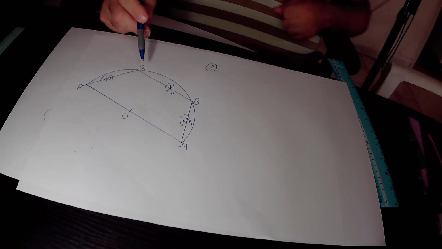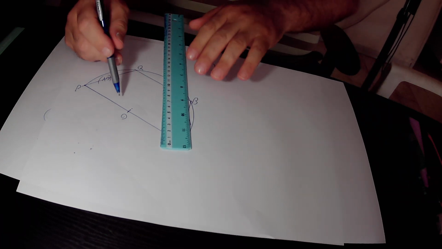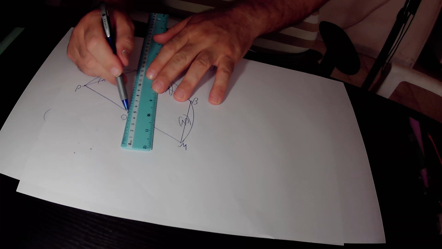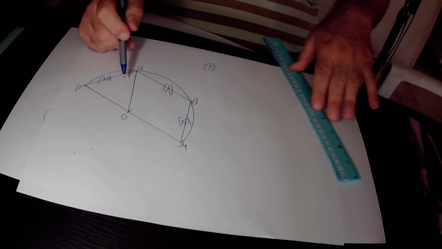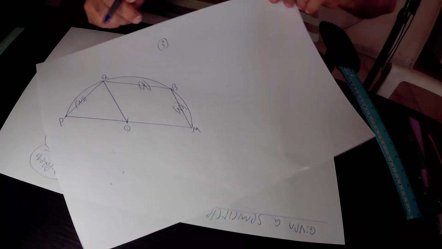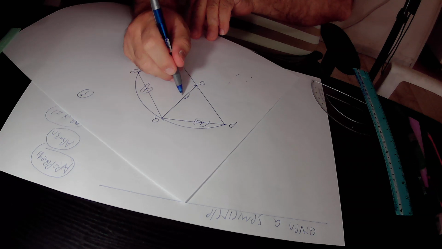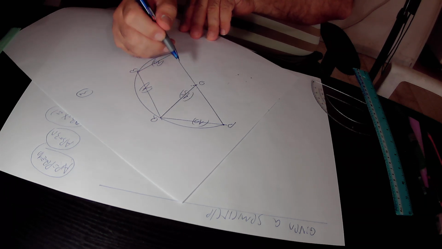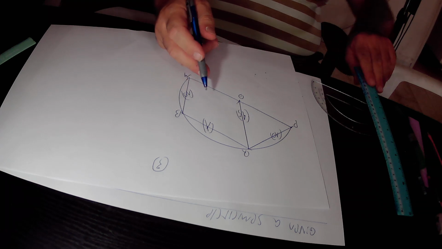Next we will join points Q and O together by a straight line. QO is of course the radius of this semicircle that is equal to 15 units in length. We will also join points O and B together by a straight line.